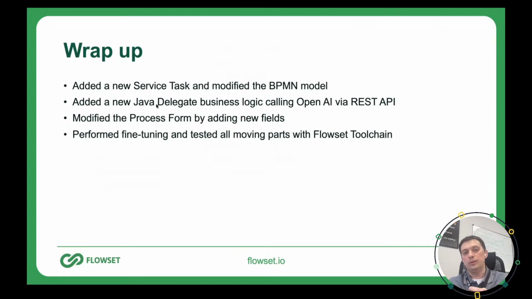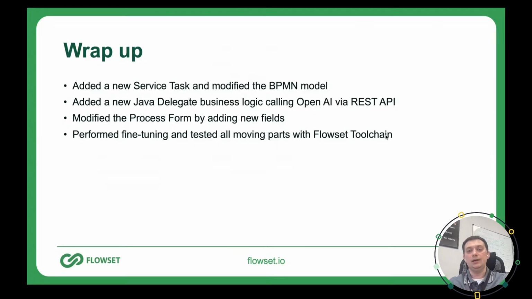We quickly added a new Java delegate with business logic, and we implemented calling the OpenAI REST API to gather recommendations about the applicant data. We modified the process form, and what I love most is that we fine-tune and test all the moving parts using a single integrated Flowset toolchain.